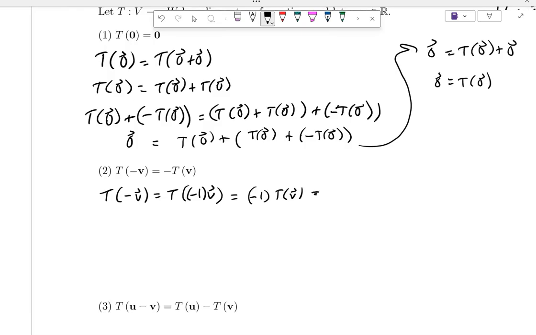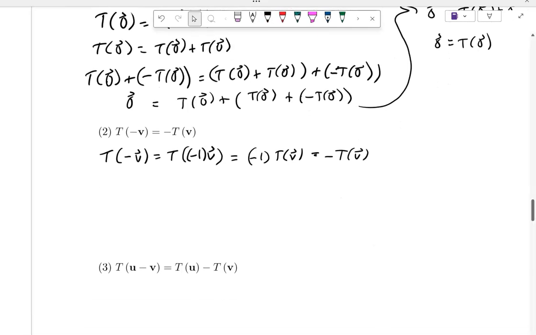And then using the same property, I know that negative 1 times the vector is the additive inverse of the vector. Right? Okay. It's not the only way to get at it, but that was probably the easier way to get at it. That part okay?